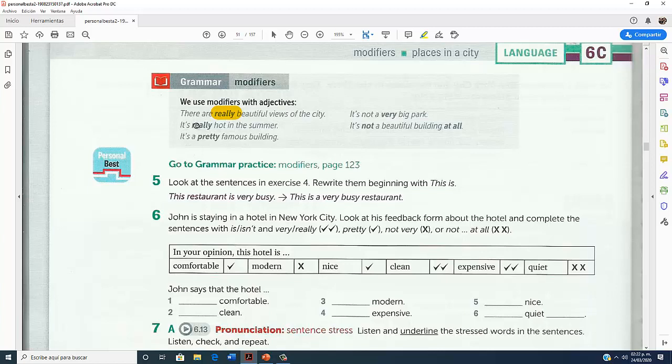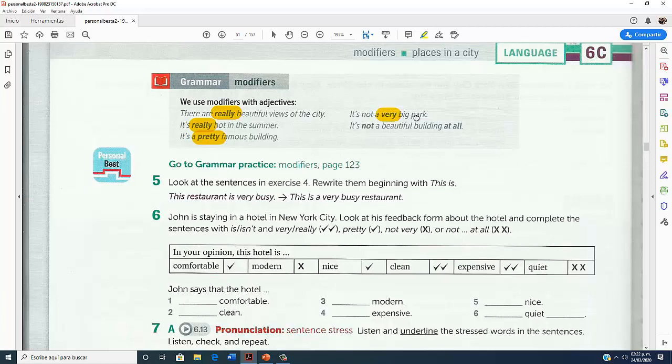It's really hot in summer. Or you can say it's hot in summer, only that. But here you are using this word to give more emphasis. It's a pretty famous building. It's like, oh yeah, it's famous, but it's not. Remember, pretty has a pretty famous building. Yeah, and here it's not a very beautiful park.